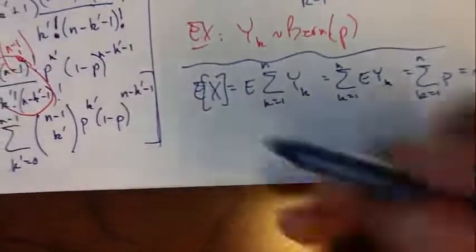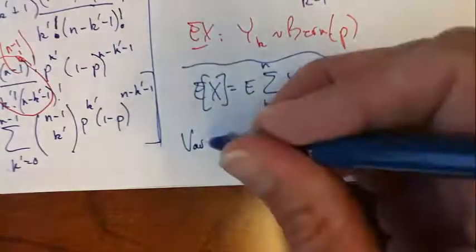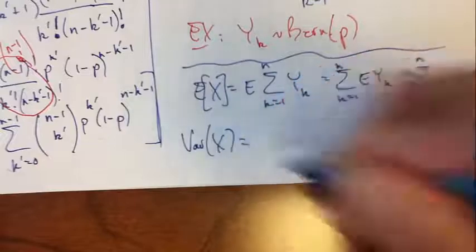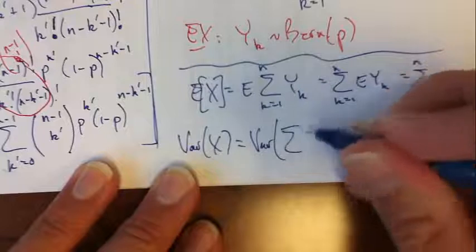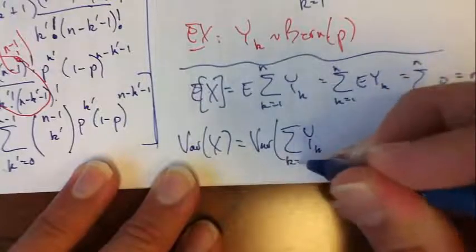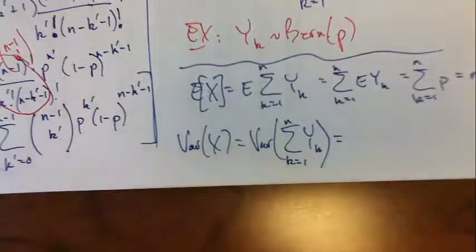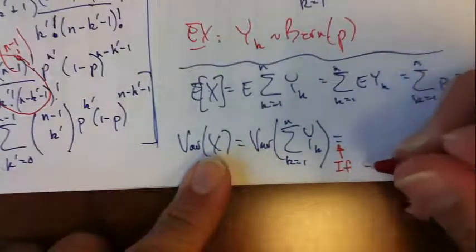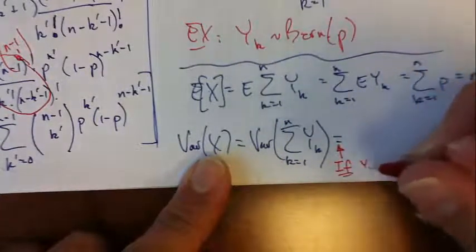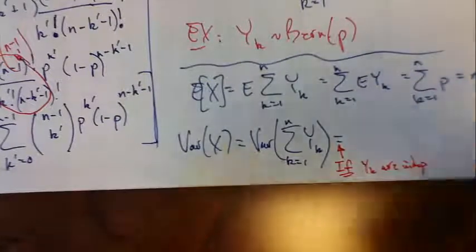What's the variance of X? Well, this will be the variance of the sum of these guys, k equals 1 to n. Now, we haven't proved this yet, but it turns out that if the Y_k are mutually independent, then you can take this step.